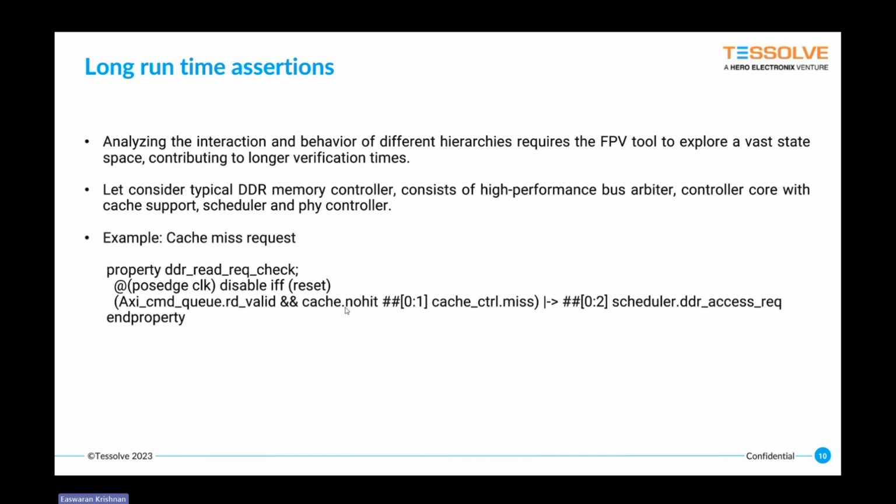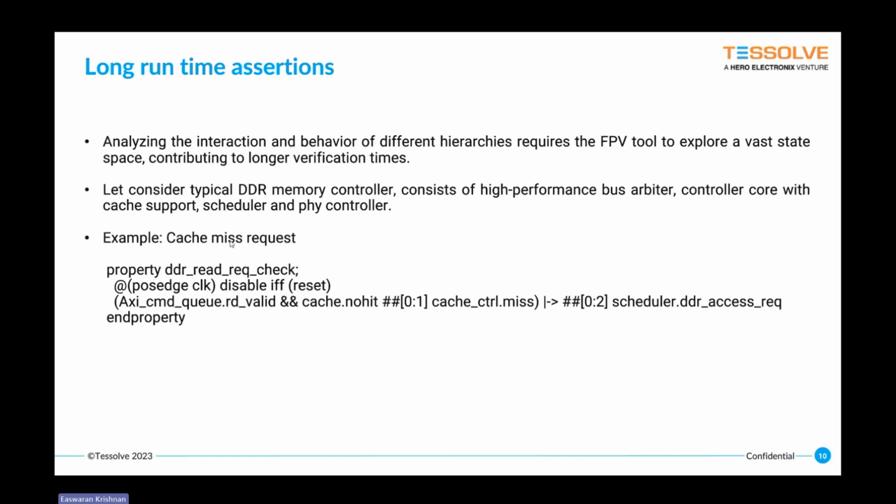But in formal, it tries to generate all the possible combinations from all hierarchies, so it will take a long time to verify the property. Sometimes it takes one week, sometimes it keeps on running. Here is an example. Let's consider a typical DDR memory controller, which consists of a high performance bus arbiter, a controller core with cache support, a scheduler, and a PHY controller.